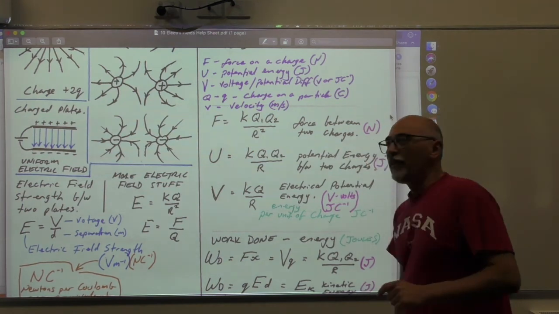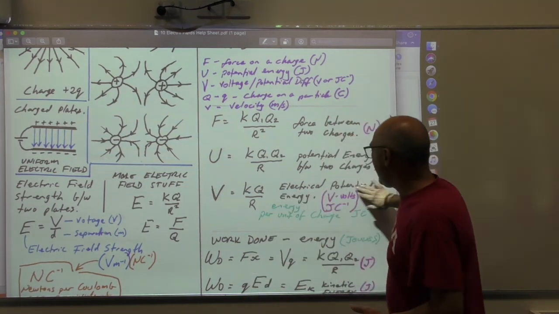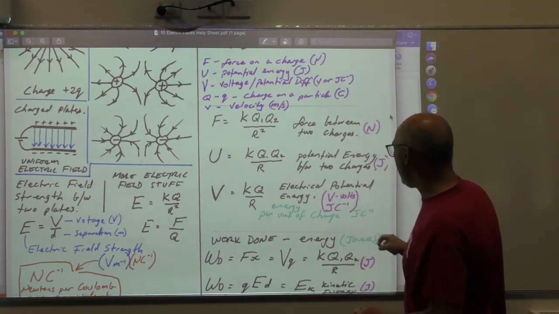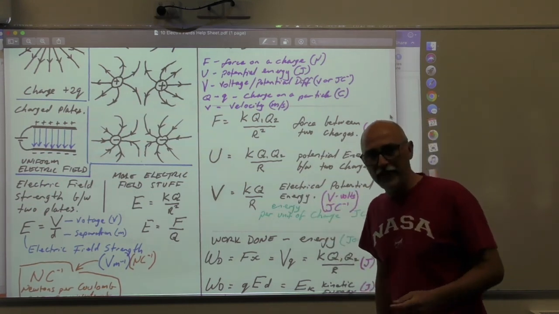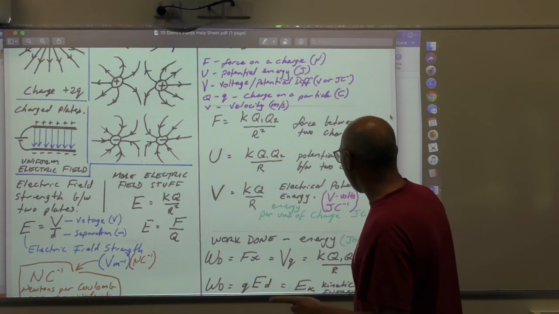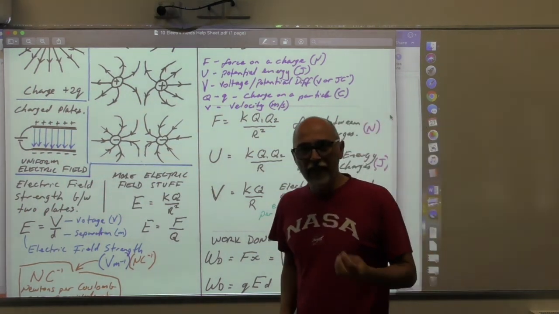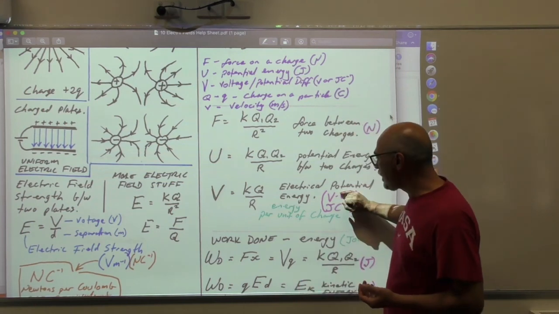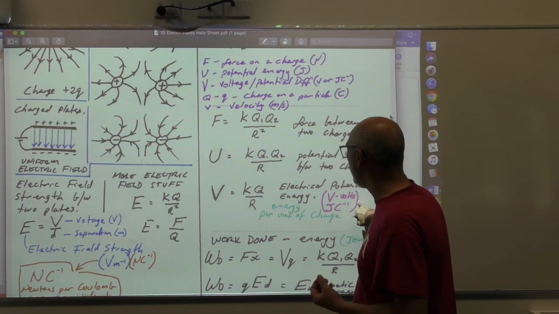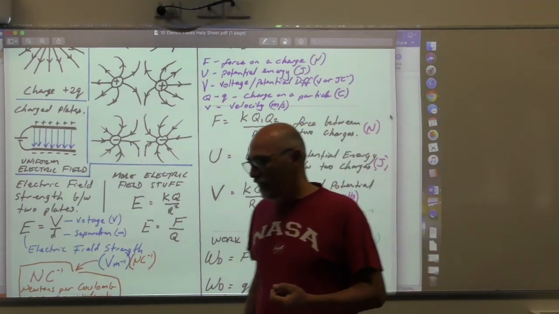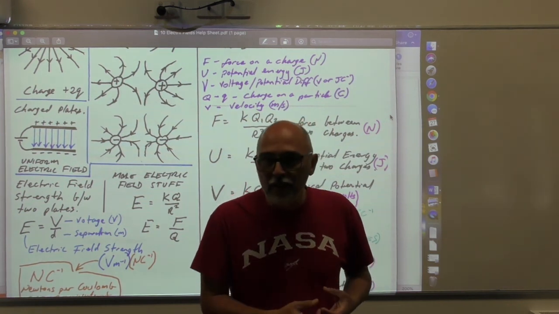Now, even though that's not actually very useful to you in this unit, this one is a little bit more useful. This here is the electrical potential energy. Okay, the electrical potential energy is a different thing, okay? This is calculated in either volts or joules per coulomb. So this gives you the energy per coulomb, the energy contained in every coulomb of charge that you have, okay?